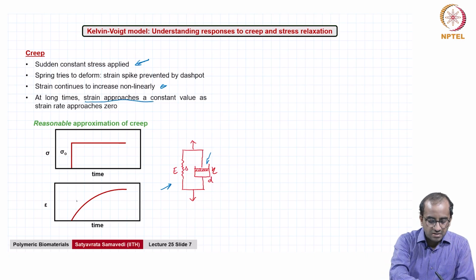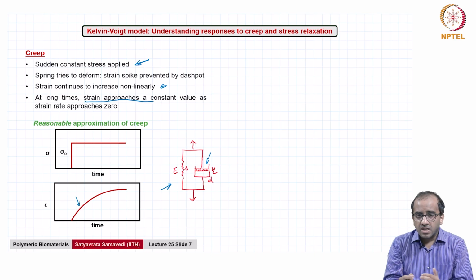Essentially, what is happening is the strain rate continues to decrease, and at very, very, very long times, the strain rate essentially almost goes to 0, which means if the strain rate goes to 0, the viscous element does not really do much there. So, the deformation eventually plateaus off, and what you get is some kind of a constant value that is just plateauing off. So, that is a reasonable approximation of creep.